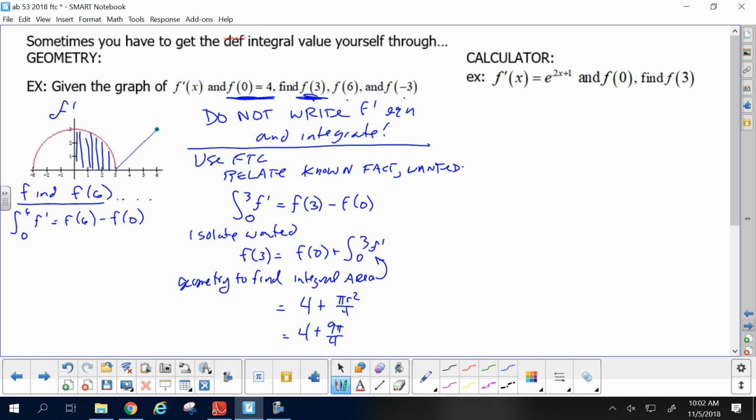The relationship is the fundamental theorem. Definite integral under f prime equals f at the last endpoint minus f at the starting.